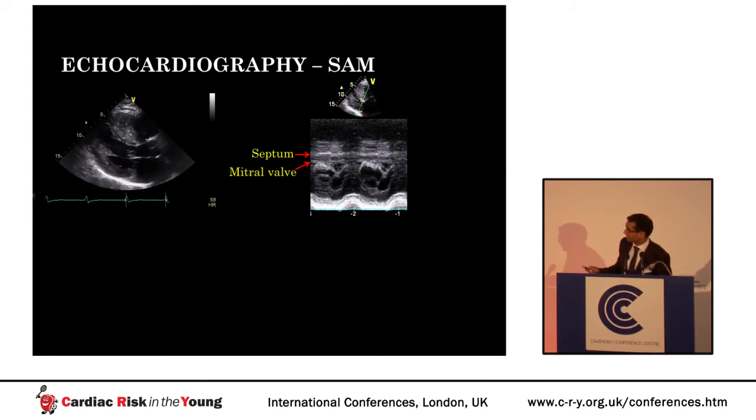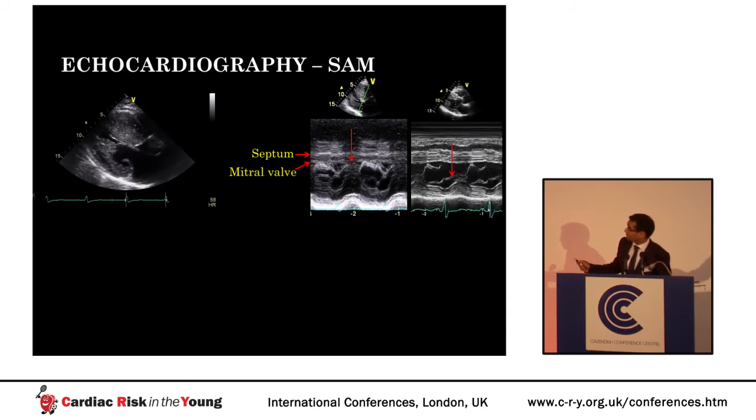And what we have on the x-axis here is time. This area is represented by the septum, and these lines, the motion of the mitral valve. And essentially what we see here is that the mitral valve, instead of being shut in systole, is actually open, and it hits the septum and causes obstruction to blood flow. This is what it should look like with the mitral valve closed.